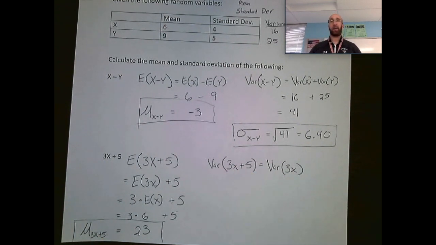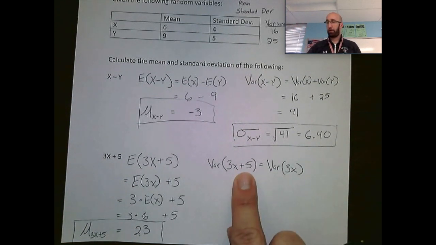So that plus 5, it's irrelevant. It's gone. Adding 5 to every single point just changes the location, but the spread is exactly the same. So plus 5 is gone.